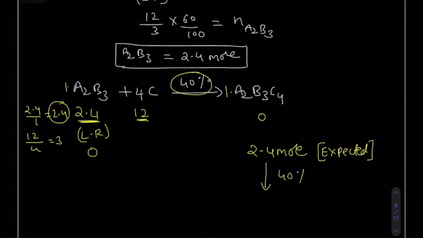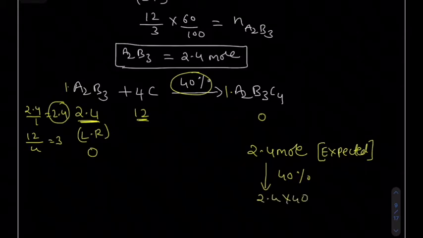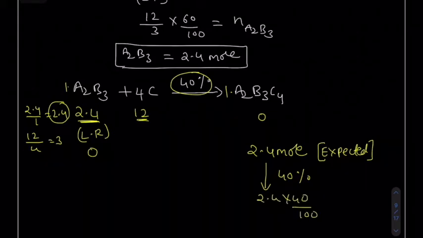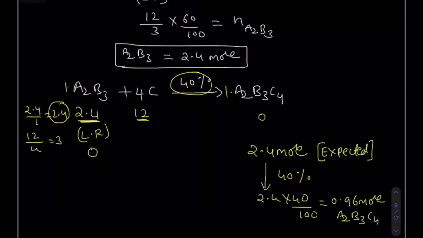That means 40% of 2.4 moles, that is 2.4 into 40 by 100, that is 0.96 moles of A2B3C4 will be formed.